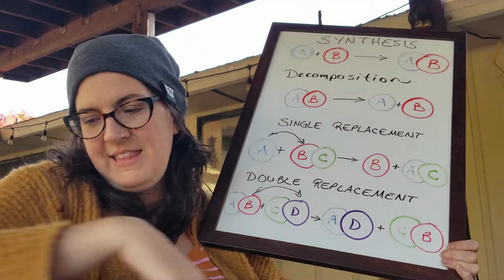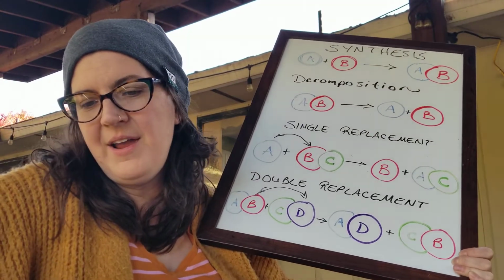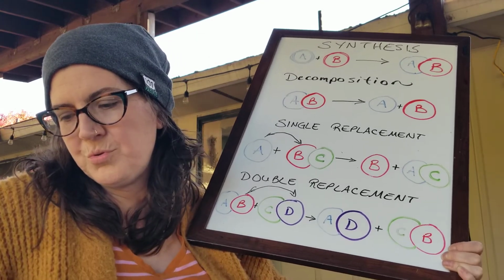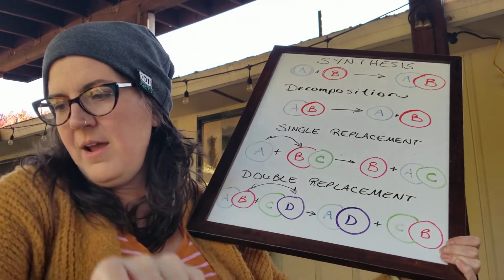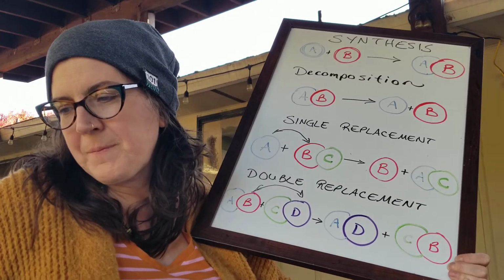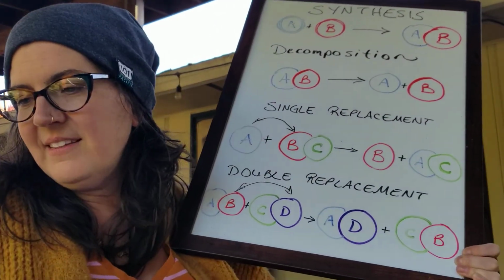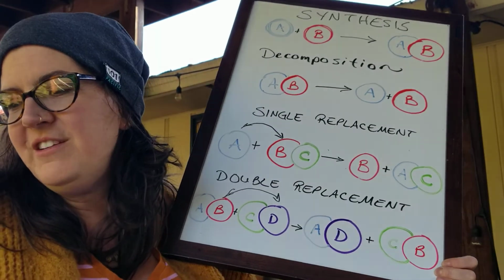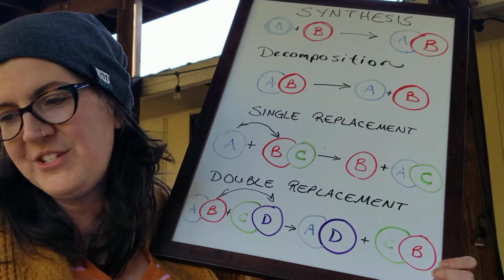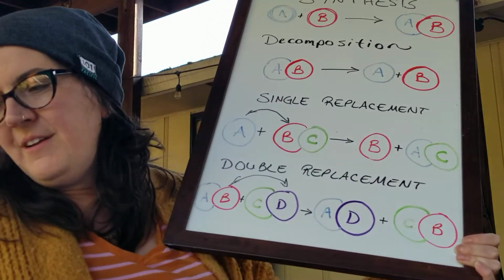So if we were going to look at this in the student notebook on page 131, they ask this question: name the type of reaction for each of the following reaction equations. Let's start at the top.